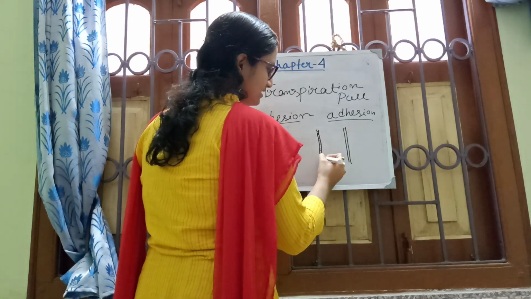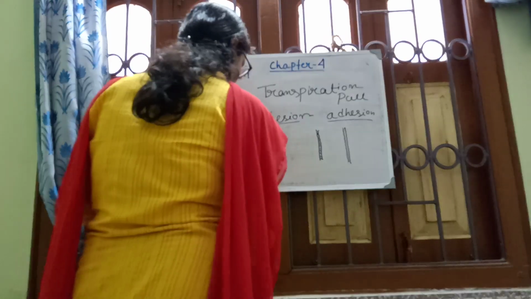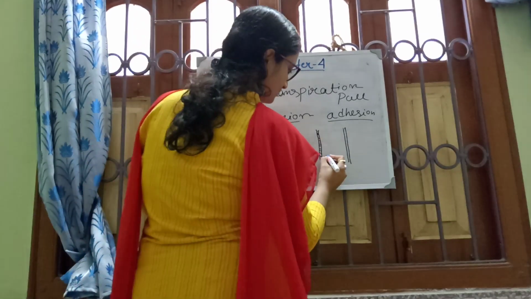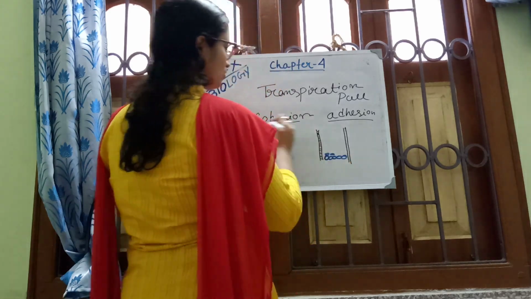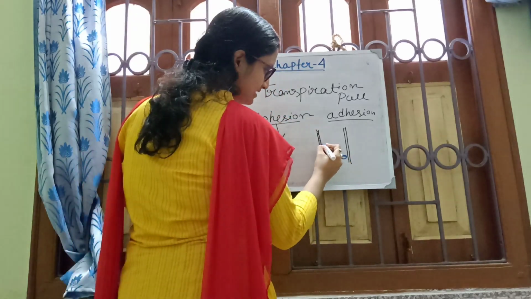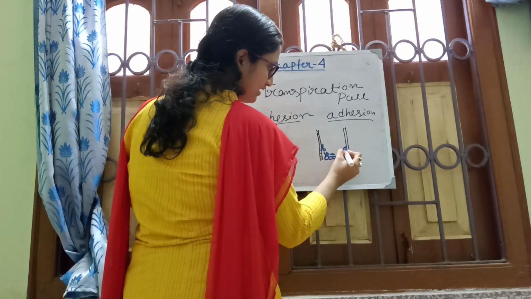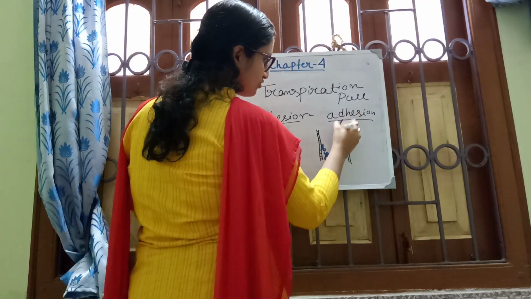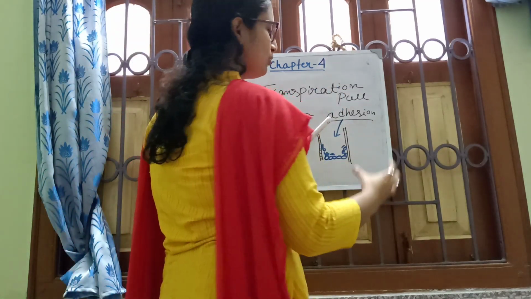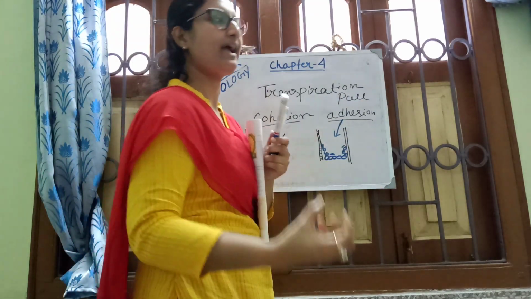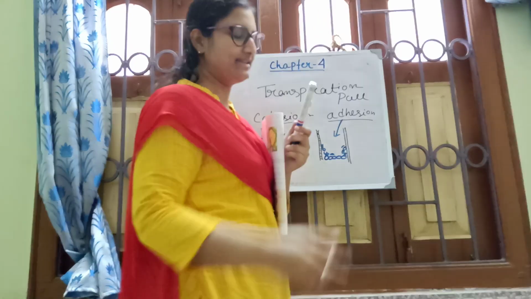All the water molecules stay closely together by the force of cohesion, and they are attached to this wall by the force of adhesion. For this, a water column is created and the water level rises up.